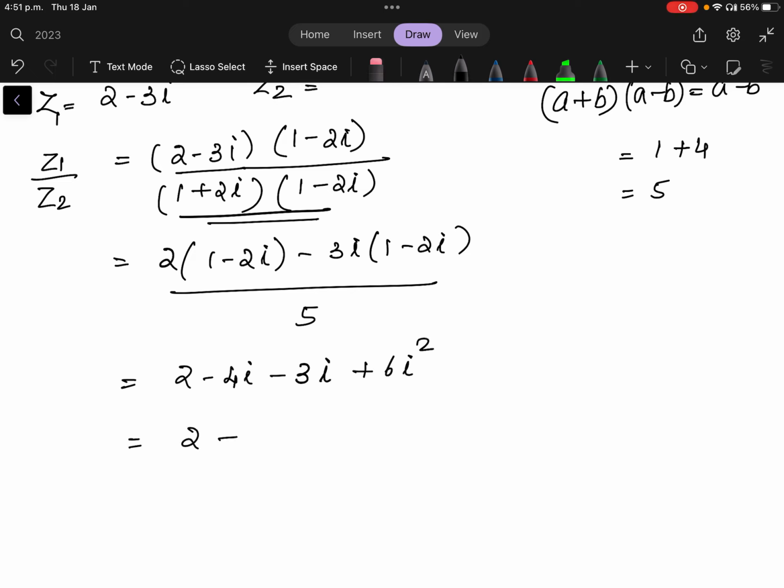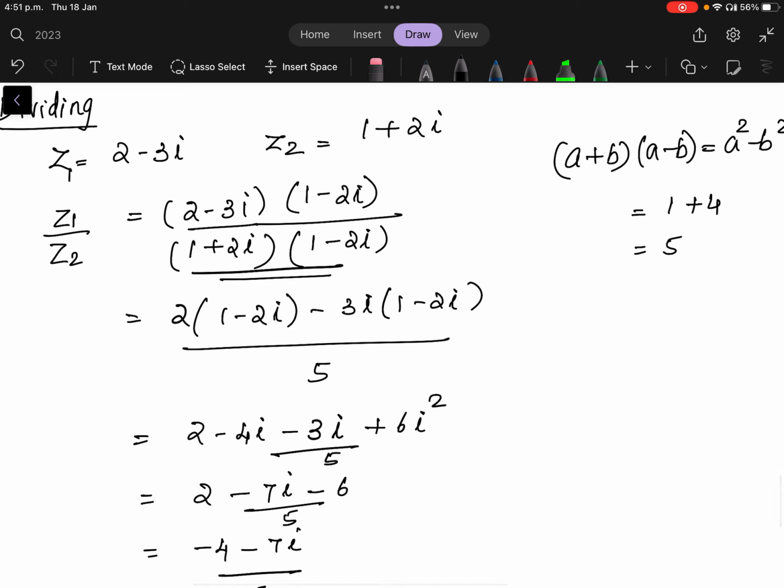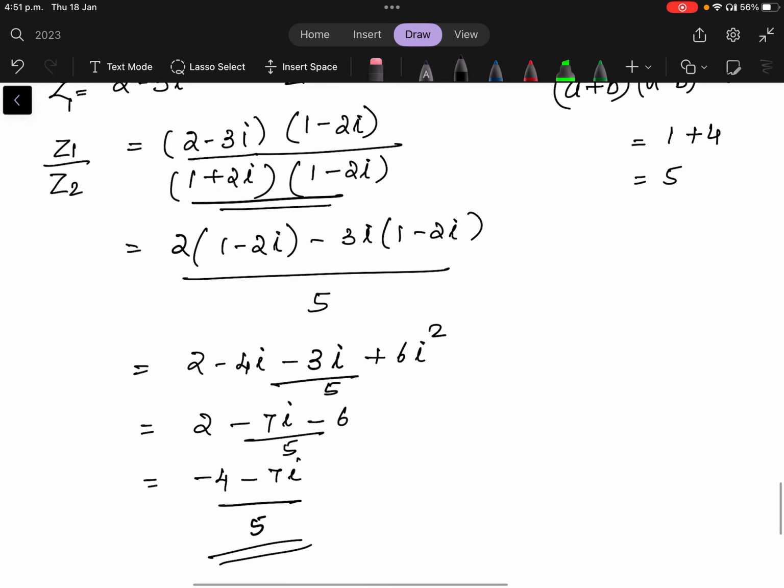So that will be 2 minus 7i minus 6, so it is minus 4 minus 7i over 5. Everywhere there is 5 in the denominator, and you will get this value. So whenever you need to divide, you multiply the numerator and the denominator by the conjugate of the denominator.